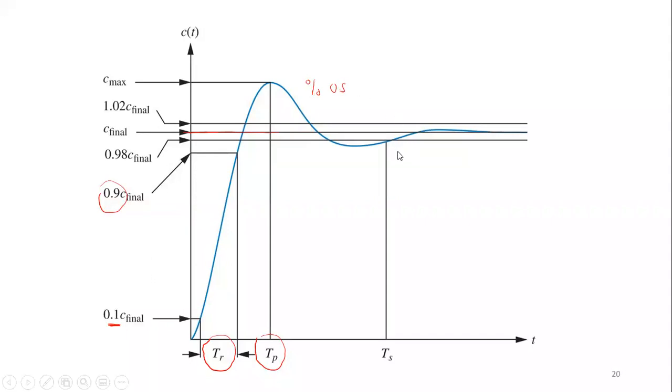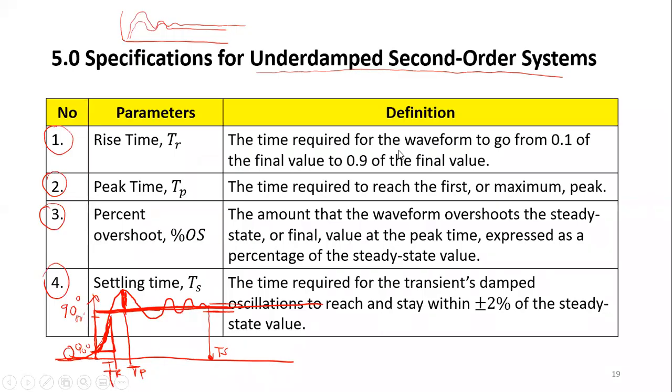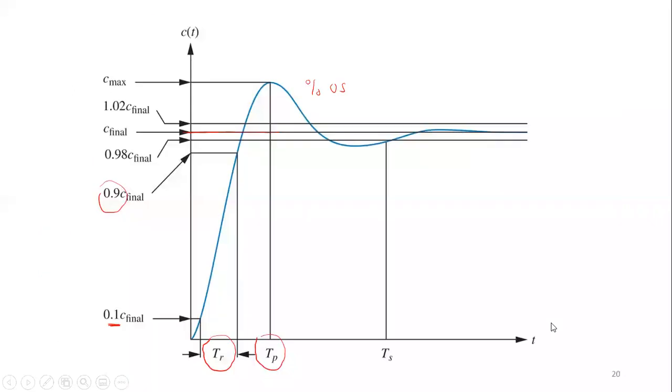By definition, it is still within 2% of the steady state value. For example, this one is the final steady state value, so the 2% band is from 1.02 to 0.98. As long as the response reaches within this band, this is the settling time.